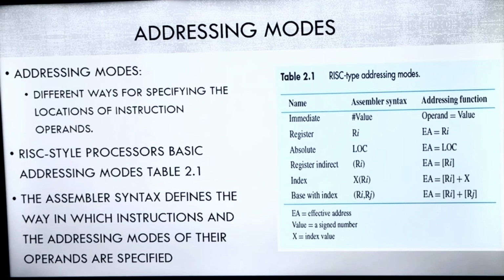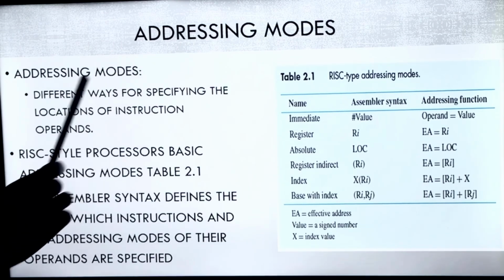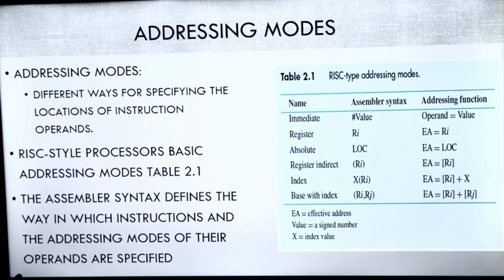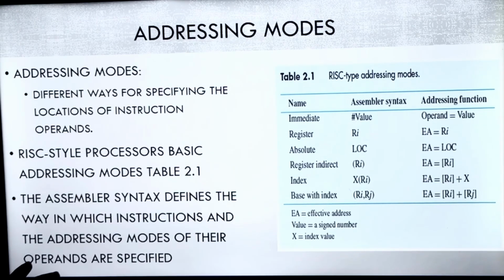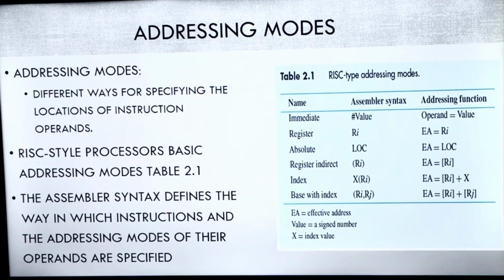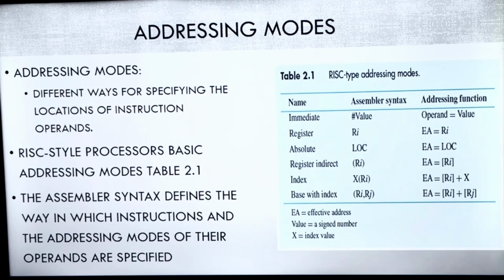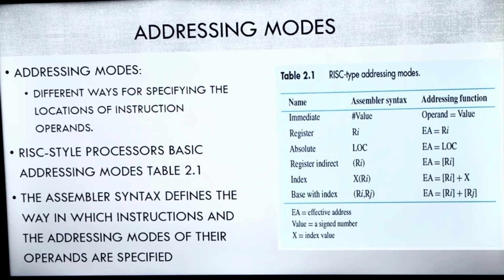We'll start now. If you see various tutorials, YouTube videos or other articles, you will find lots of addressing modes. Yes, we have many addressing modes, but in this video we'll discuss only some of the most important ones. Don't think that that's it, we don't have any other. Yes, we have, but these are the most important. Before we discuss them one by one, let's see the addressing modes supported by a RISC type of system.